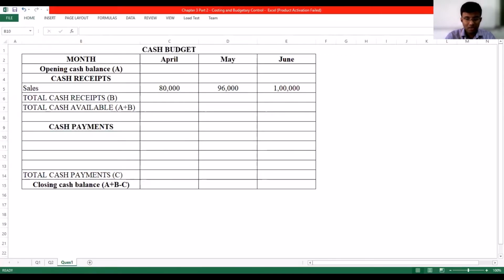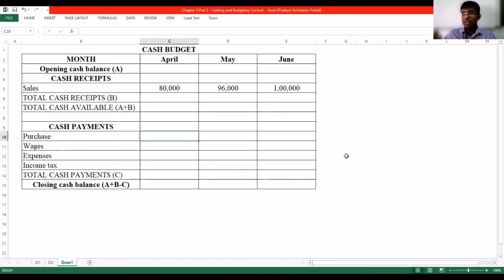Let's write that out. We have purchase as one of our payments. Then what else do we have? We have wages. Then we have expense, and then we also have income tax. Now, a very important thing that you have to remember is that in the month of April, you are settling the purchase for the month of February.